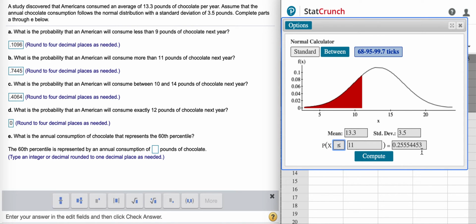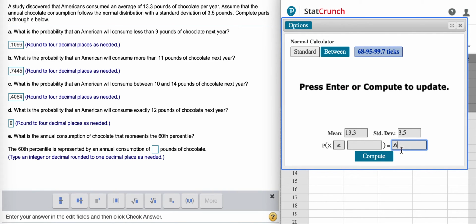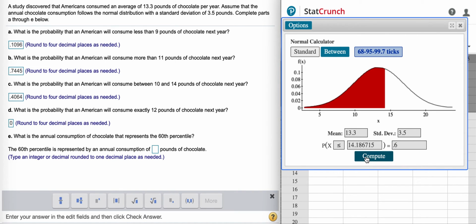The way I can do that is just tell it right away that the probability I want is 0.6. And it will find the x that makes that work for me. Hit compute. So it finds here to 1 decimal place, we're going to put in 14.2. So that would be considered the 60th percentile.